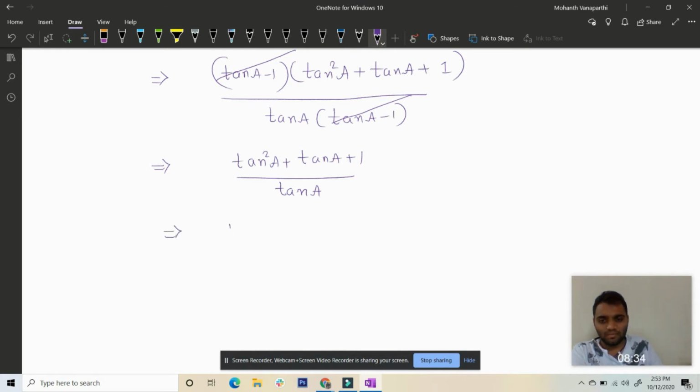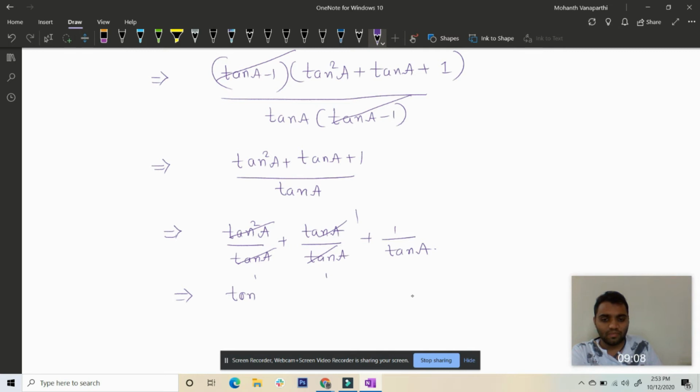Then I will get tan square A divided by tan A plus tan A divided by tan A plus 1 divided by tan A. Tan A and tan A will get cancelled, which is equal to 1, and tan square A is there, so tan A is multiplied twice. When I divide by tan A, one tan A will remain.